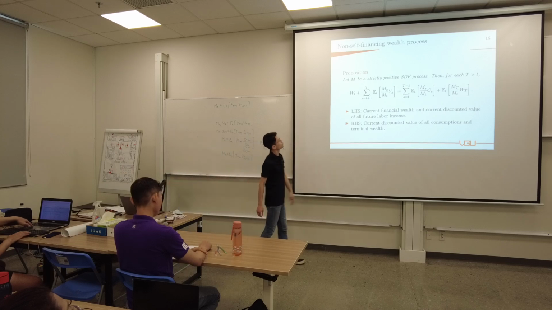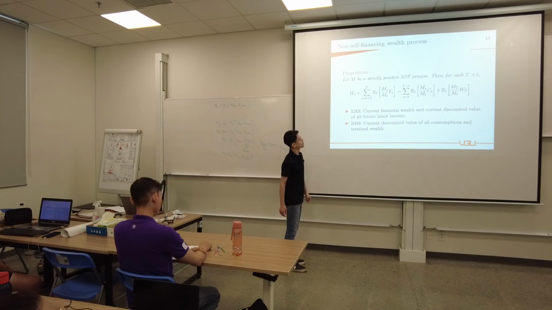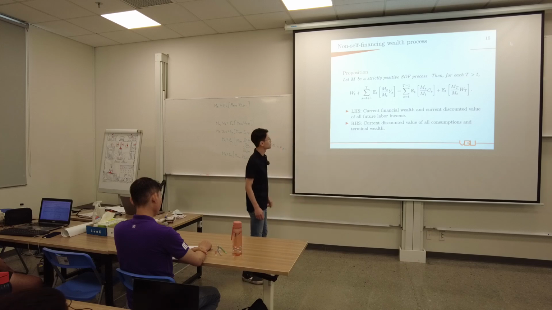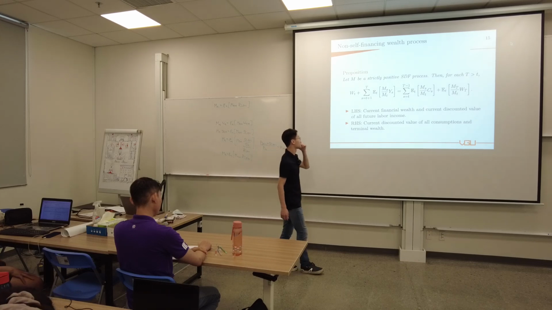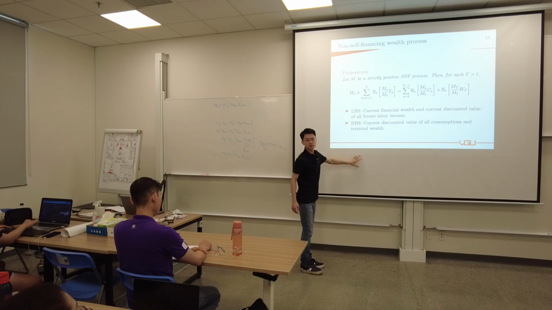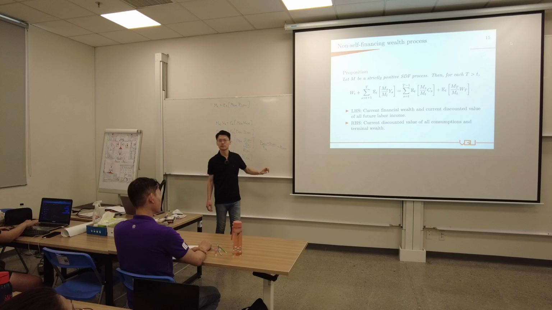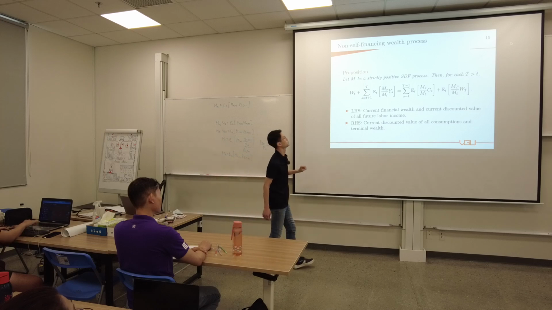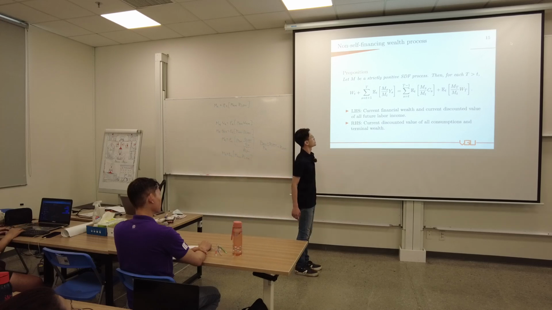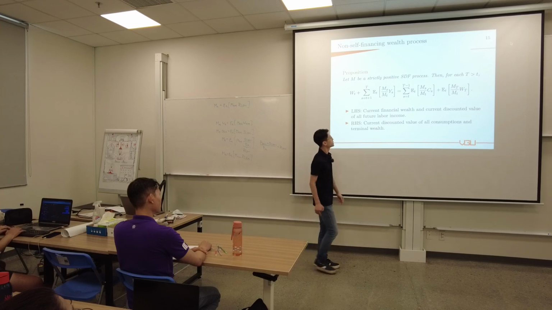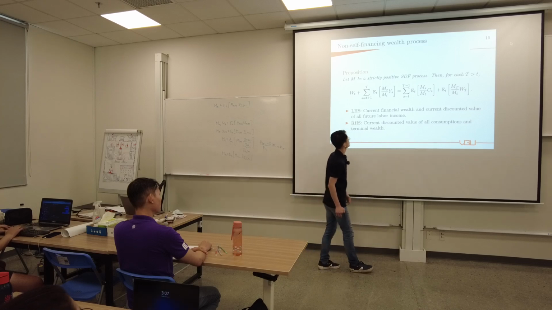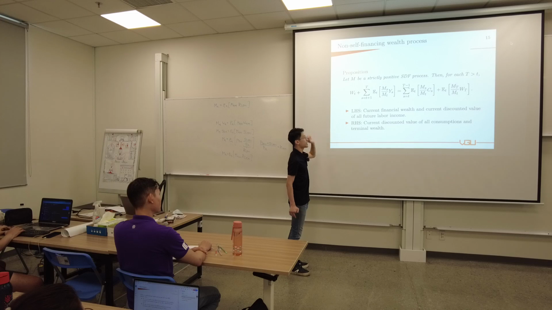So just now we talked about the self-financing wealth process and its relation with the SDF. But usually we don't have a self-financing wealth process because we need consumption, and we have income. So what happens if we have income and if we want to do some consumption? Then we have this equation.